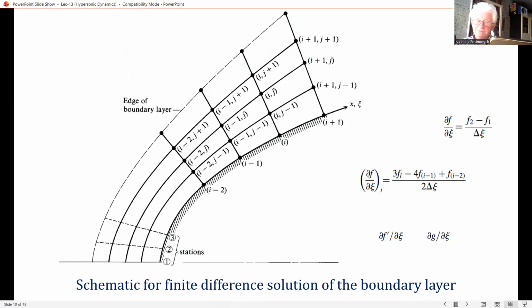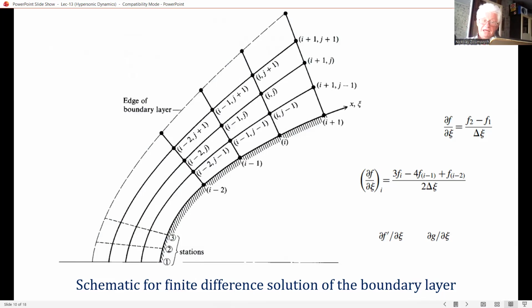Returning to our figure, recall that the solution at location I is dependent on the previous solution upstream of I, namely at I minus 1, I minus 2. The entire boundary layer solution must be started at some location, say a leading edge or a stagnation point.